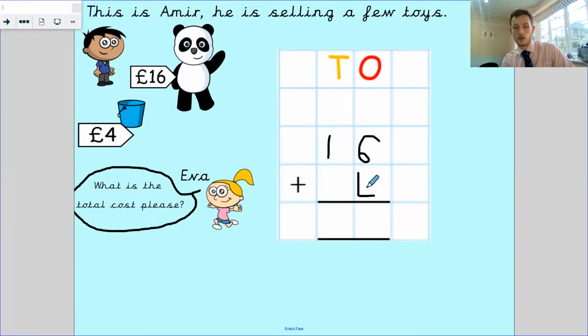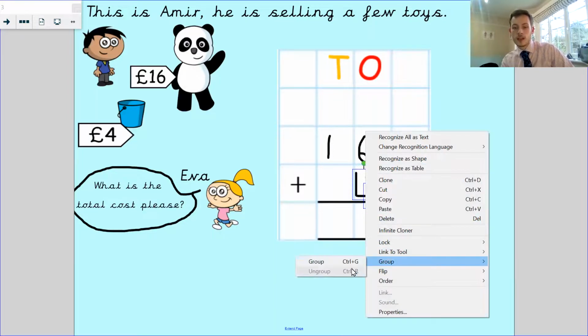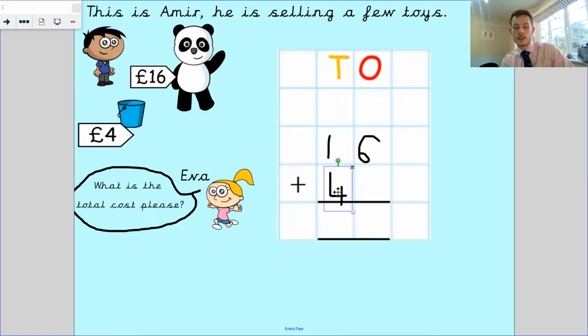If I was to put those two into this space here, I would end up getting the wrong answer because I'm going to look at 6 add nothing is 6 and 1 add 4 is 5, and that's not correct. So I need to make sure that I'm always putting my numbers in the right place, and because it's only got ones, it must go in the ones column.